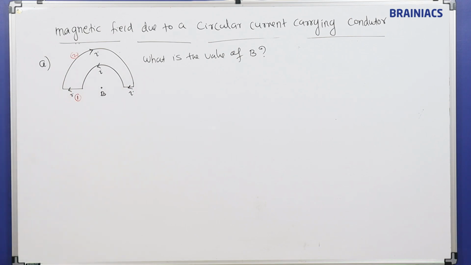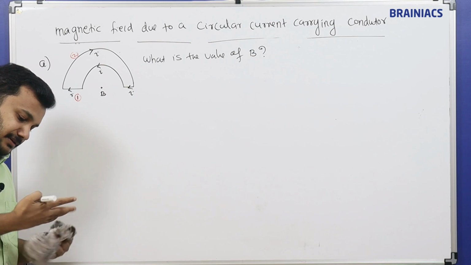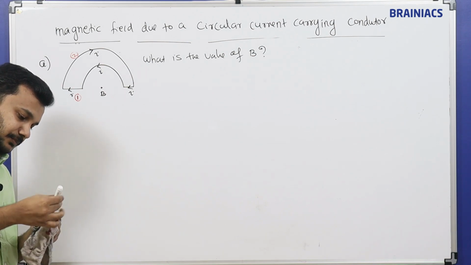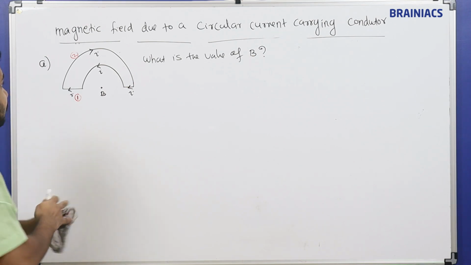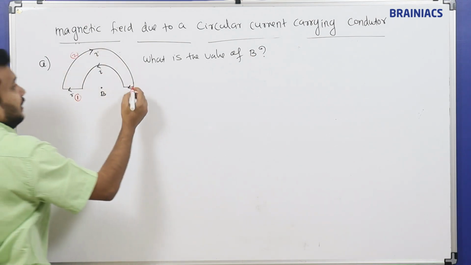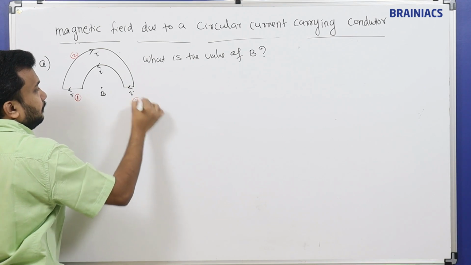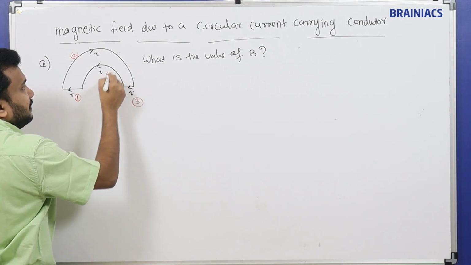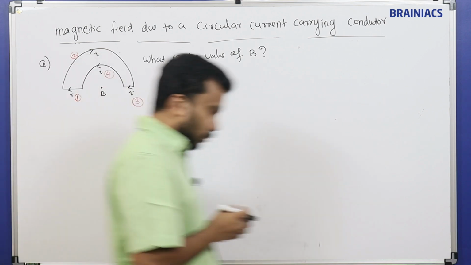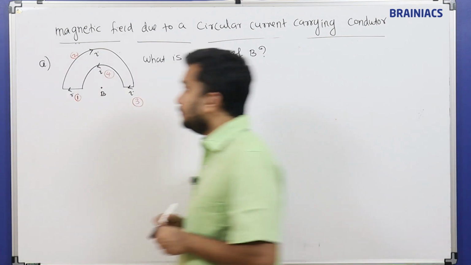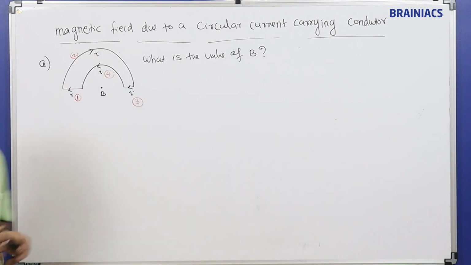The above one is 2 and the below one is 3, and this is given as 4. So there are 4 current carrying conductors: number 1, number 2, number 3 and number 4. Now we'll see what is going to happen.